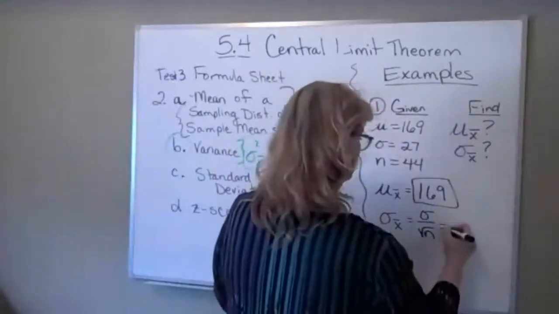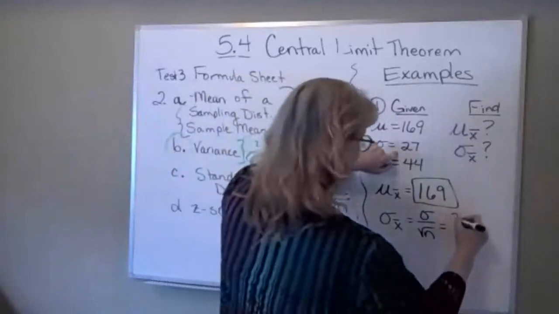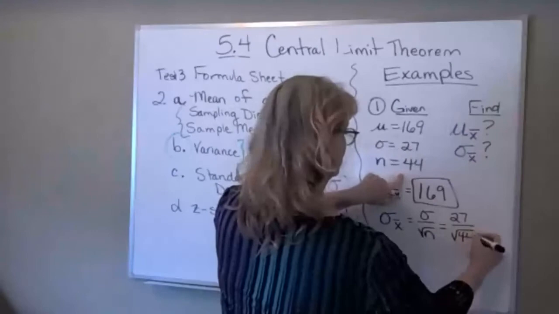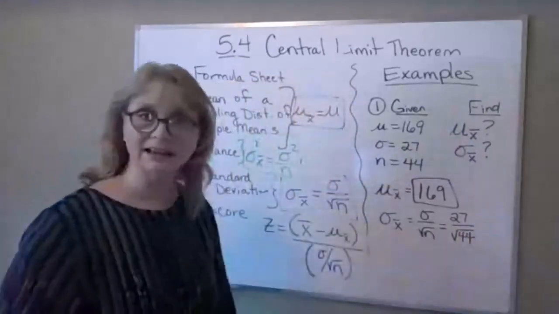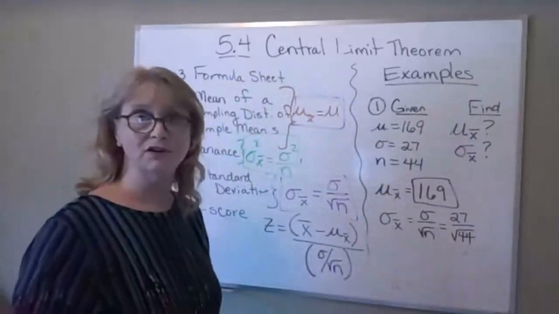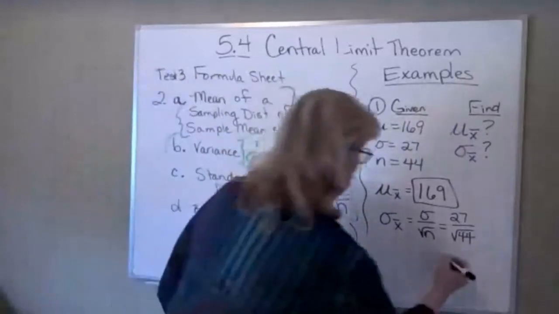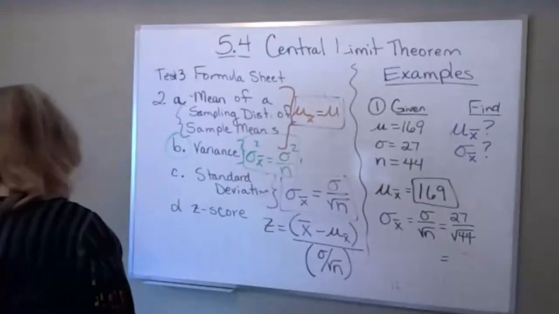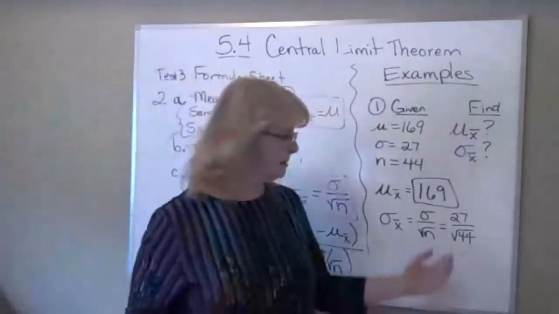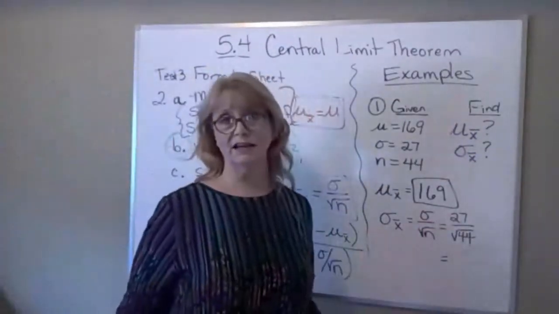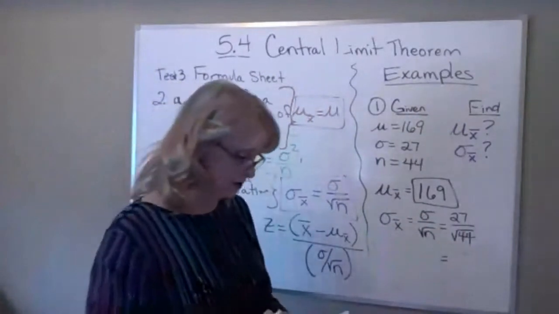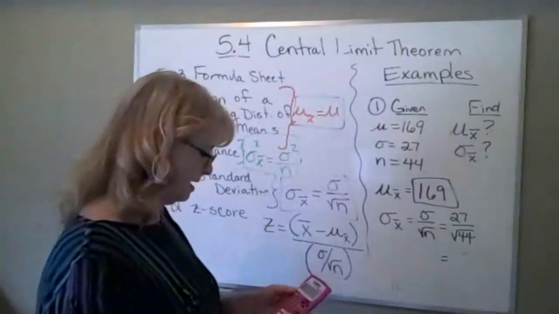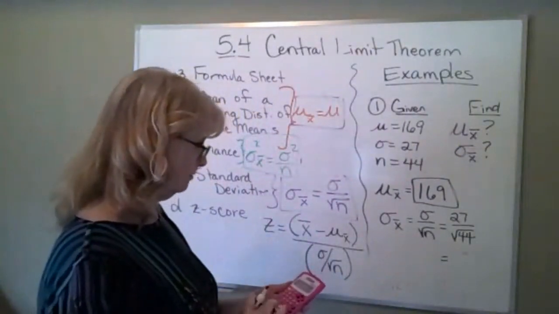So on this one, our sigma is 27 over the square root of n, which is 44. You may remember we had some problems like this in our basic skills review. This is why we were doing those, to make sure we can find these answers. And they want us to round this to 3 decimal places. So we worked on doing this sort of thing in our calculator back at the beginning of the chapter. Now we're going to use that. So I'm going to do 27 and divide by the square root of 44.